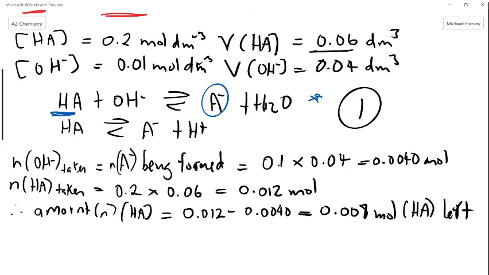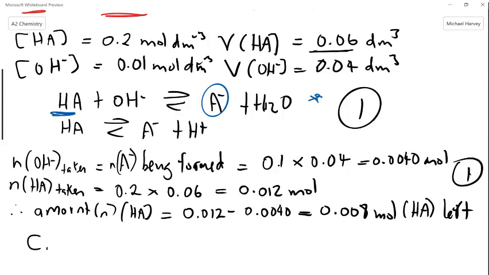Of course, we don't want number of moles, we actually want the concentrations now. So that's 1 mark calculated there, so you've got 2 marks now.